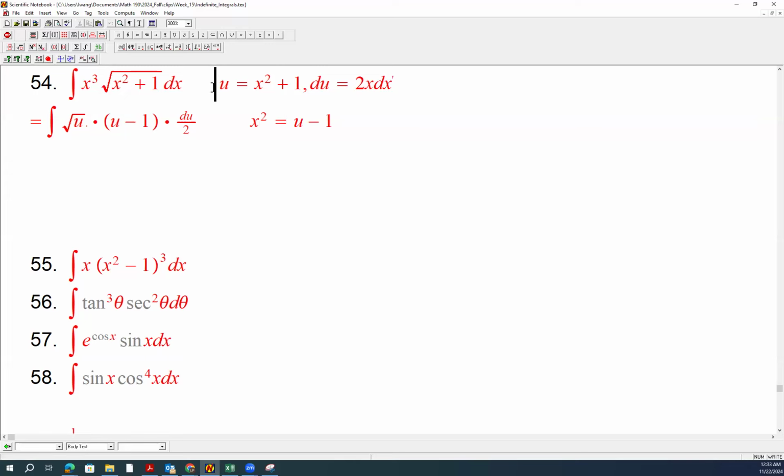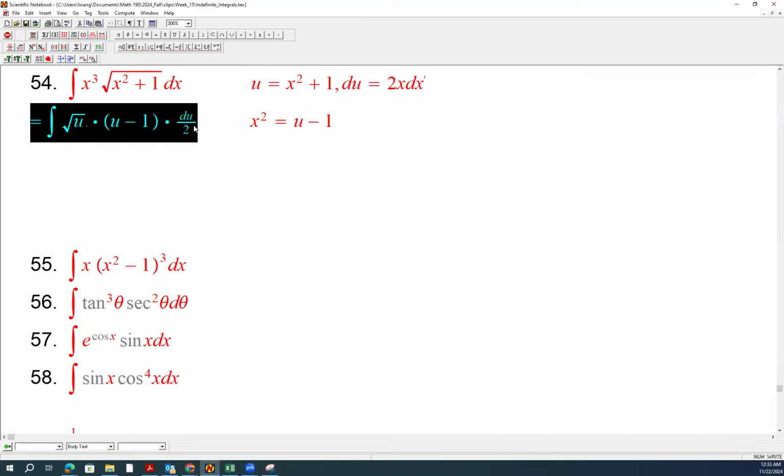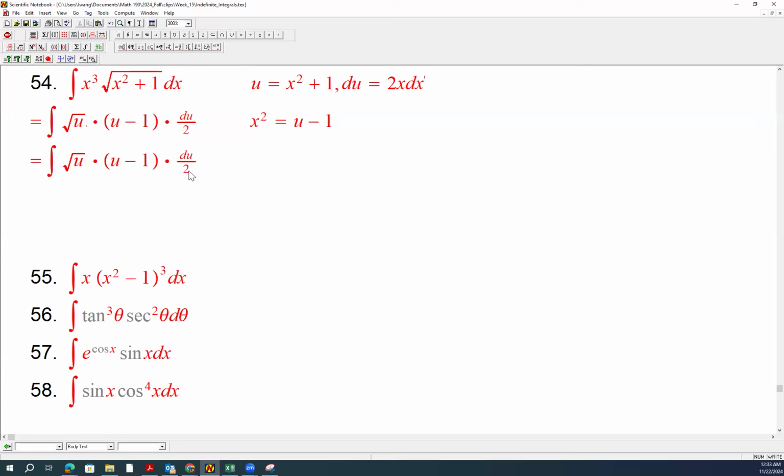So you see there's a lot of flexibility, and a lot of algebraic details that we need to attend to. If you practice many of these exercises, I guarantee that you are going to be so good at doing this.